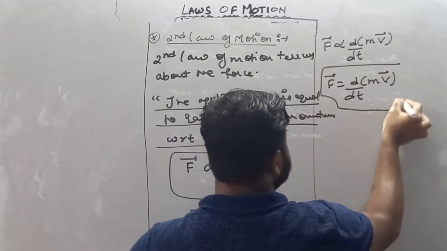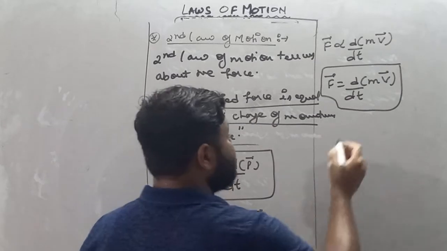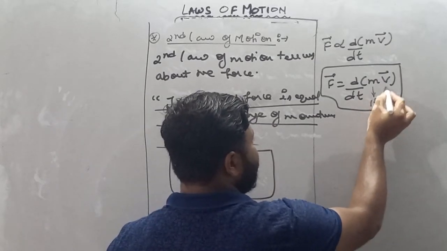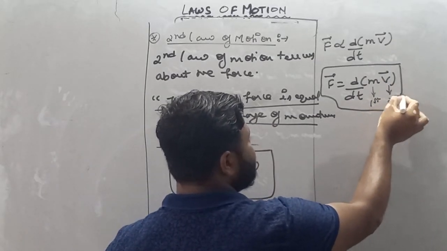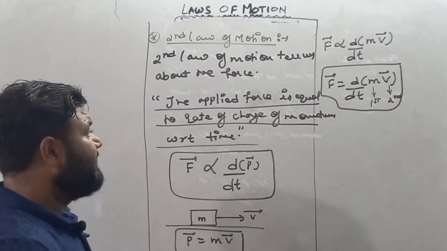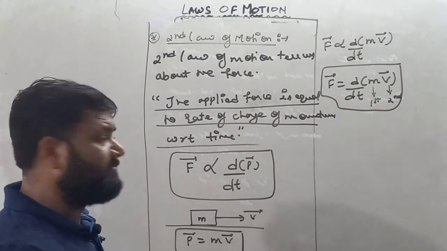Moving forward, my dear student, this is our first function and velocity is our second function. We have to differentiate this, as we know the product rule of differentiation.